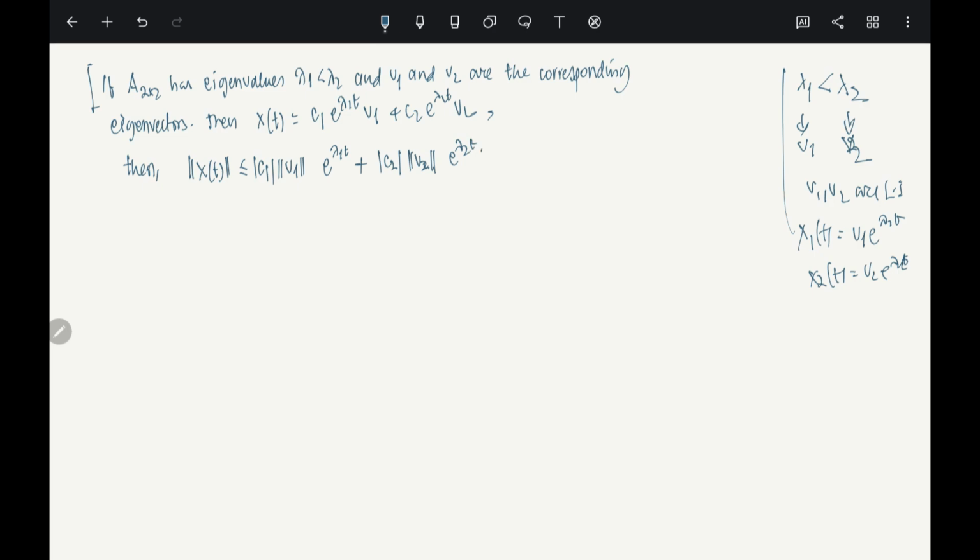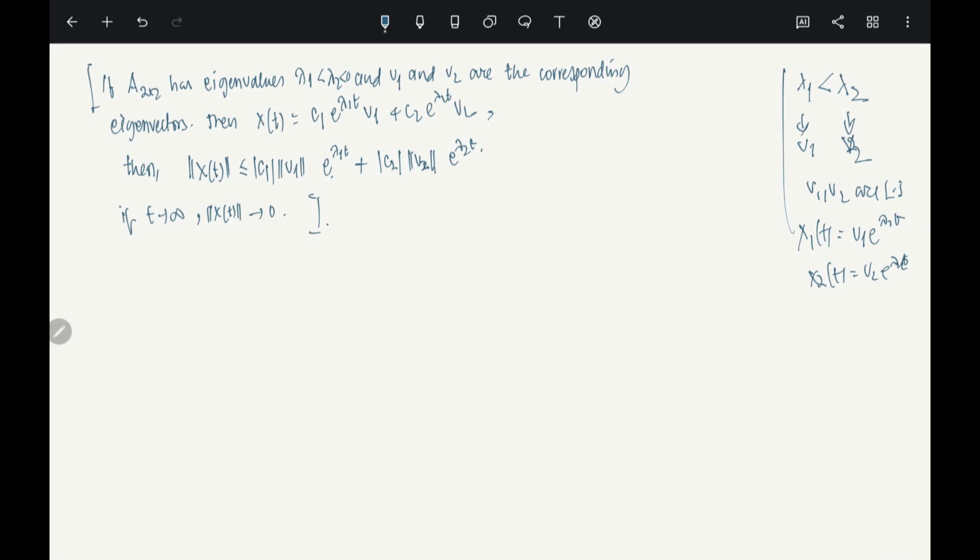Now as t tends to infinity, and lambda 1 and lambda 2 are both negative, what happens to these terms? They go to 0, and the norm is always positive. So the norm of x of t must go to 0. Clear? So if both eigenvalues are negative, this is going to happen.